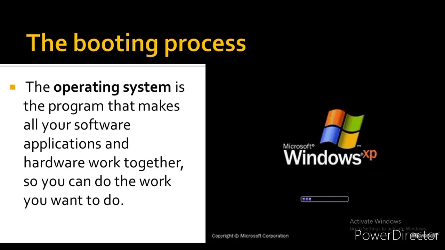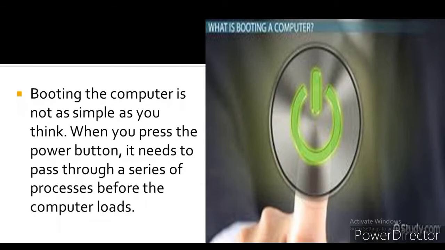So when the computer is being turned on, your operating system must automatically be activated. Booting the computer is not as simple as you think. When you press the power button, it needs to pass through a series of processes before the computer loads.